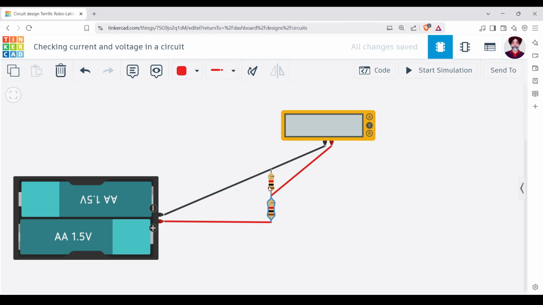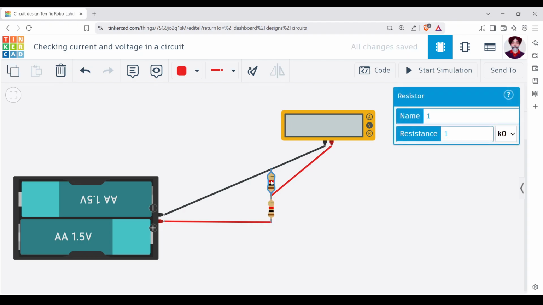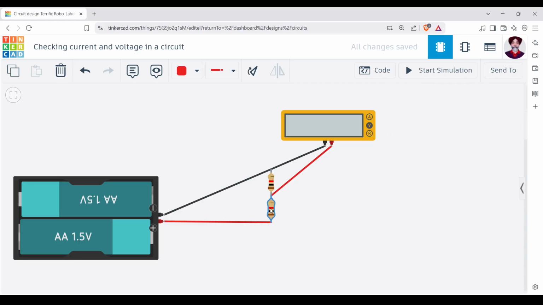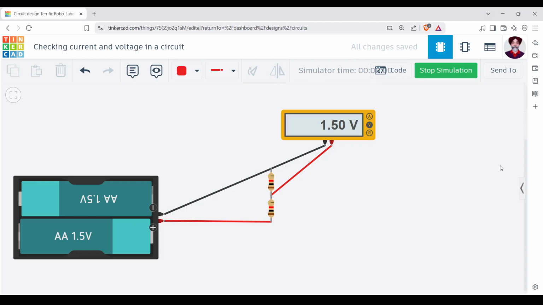The resistance here is 1 kilo ohm, and the resistance here is also 1 kilo ohm. So both are 1 kilo ohms, and you know that if there are equal resistances, the voltage gets divided into 2, and that means it will be 1.5 volts. Now let's check this. It will be giving 1.5 volts.